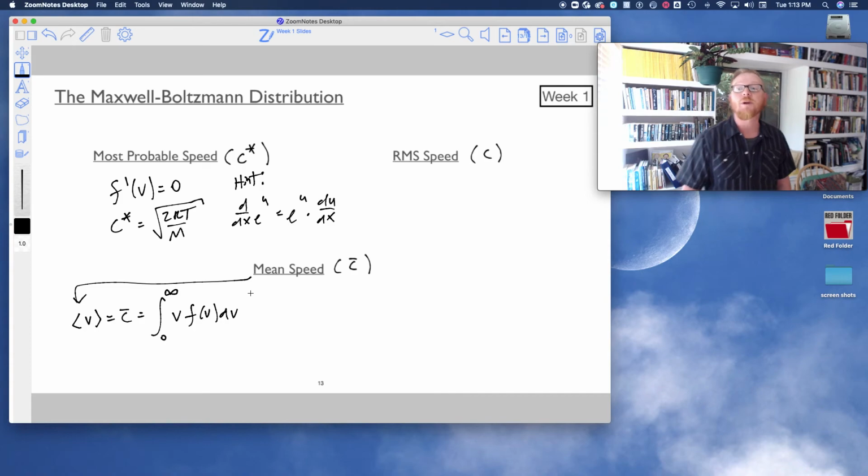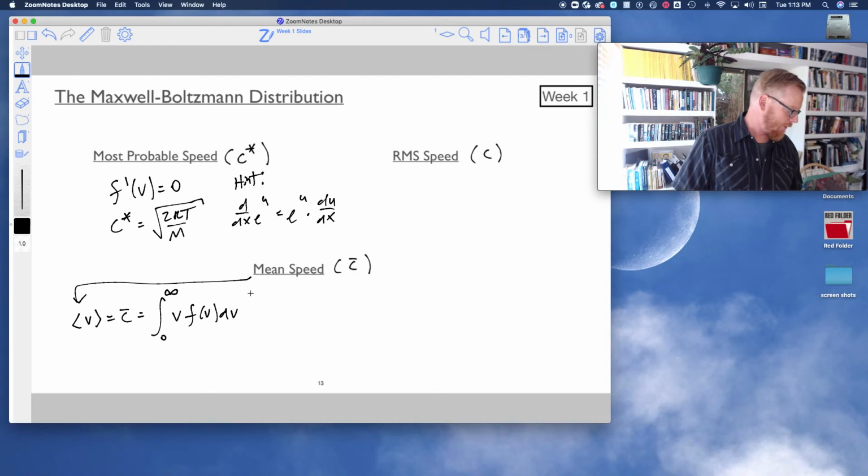This is actually the formula for determining a mean when you have an area under the curve.